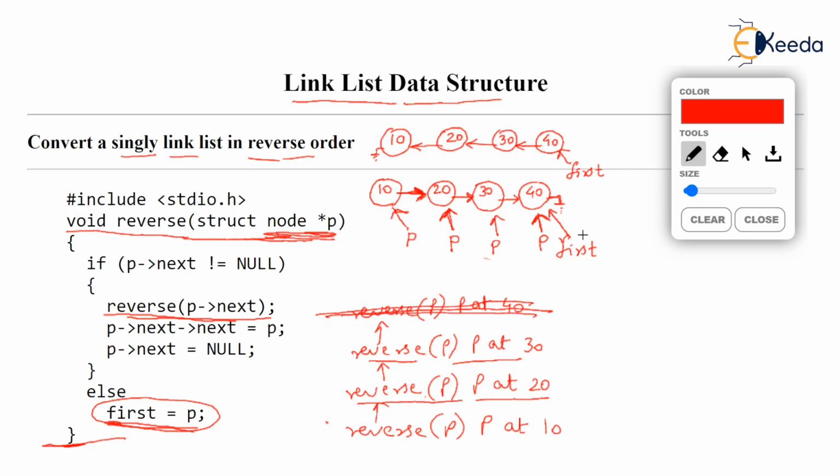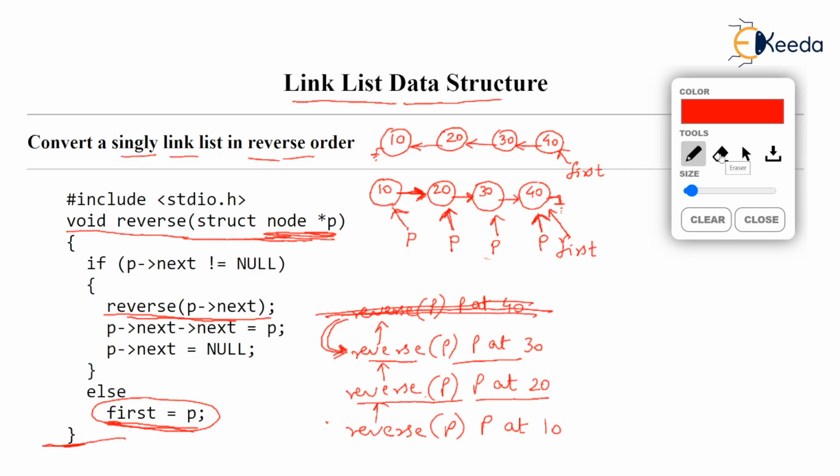It has executed else, and after else there is sheer end of function. So you know whenever a function ends, the calling function resumes. So here we are back to the function reverse P with P at 30. It seems that we were running 40, but 40 has finished, so we are back to 30.